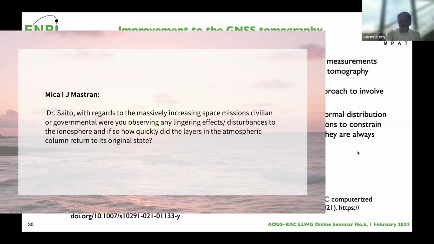And the next one, with regard to the massively increased emission, civilian or government, were you observing any lingering disturbance effect on the ionosphere? How quickly did the layers in the atmosphere return to origin?